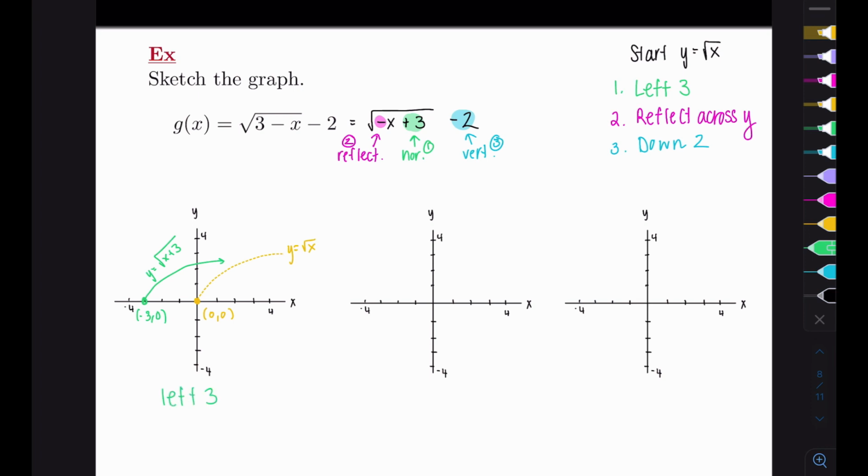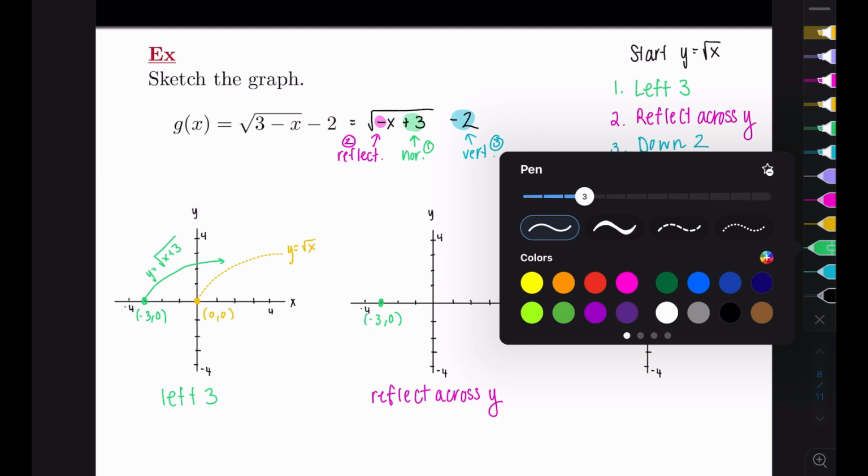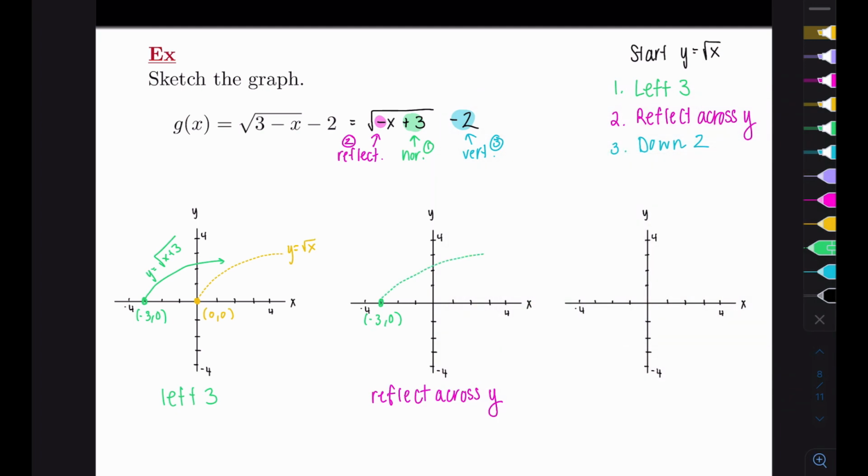Now we're going to go ahead and reflect it across the y-axis. So I'm going to sketch in this graph again at negative 3, 0. And it looks like this.